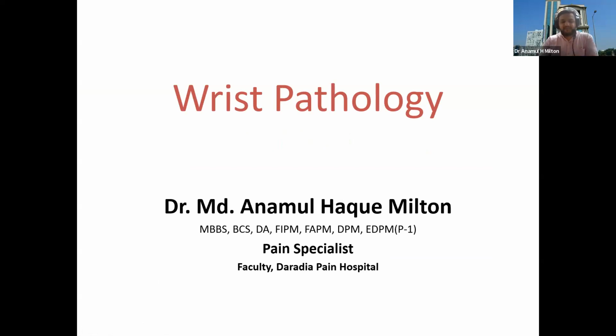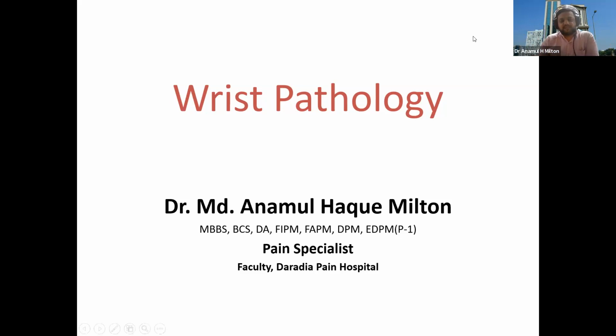After a very nice anatomical demonstration of the wrist, because a lot of muscles, ligaments and tendons cross the wrist, both dorsal and palmar part, there is a lot of pathology in and around the wrist joint. So we have to know the pathology.